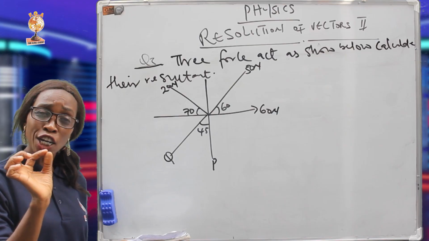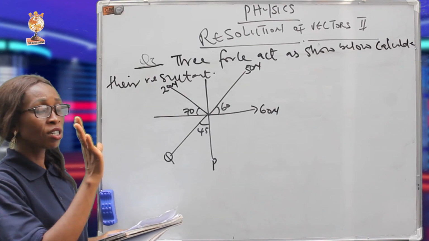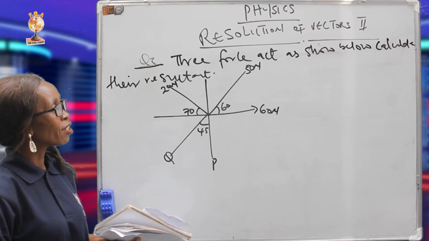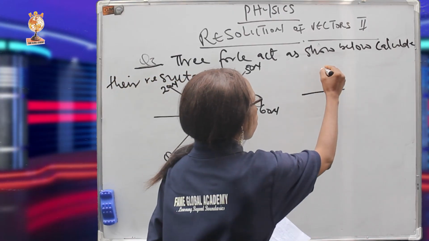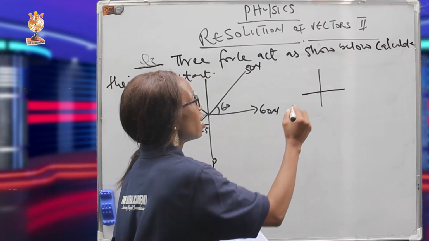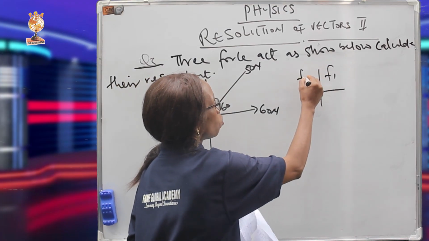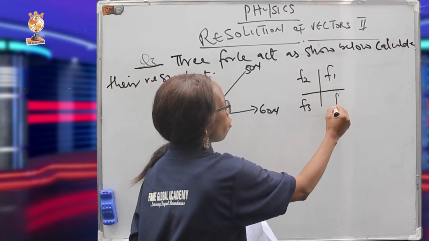Remember, I said the clue to start. Number 1, we have drawn the diagram already for you. Now, go to a side of your paper and put the four cardinal points and name the forces F1, F2, F3, and F4.